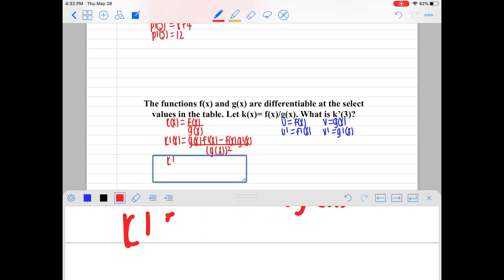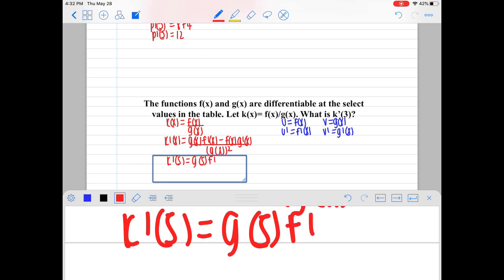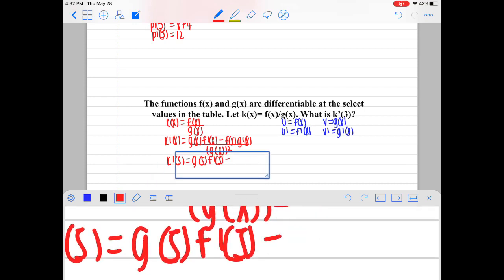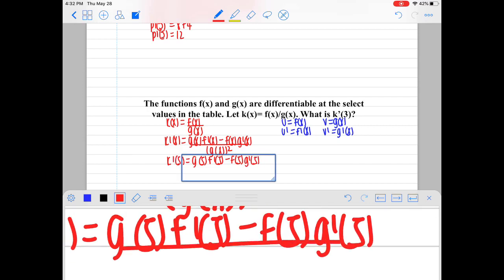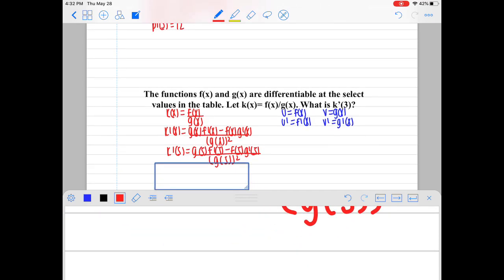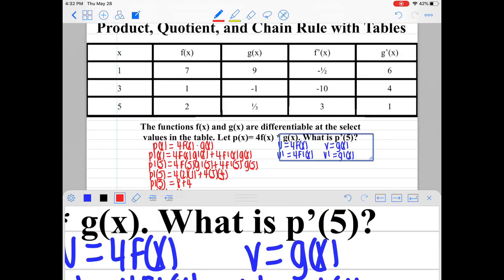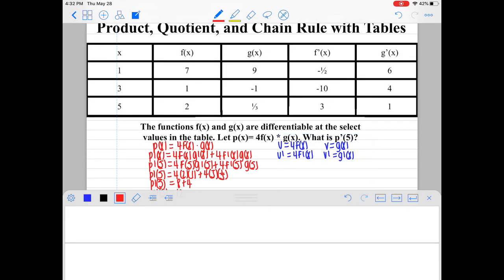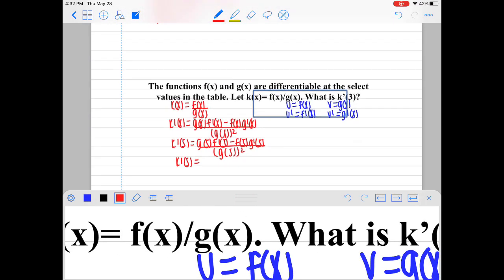And then it's asking for k prime of 3, so we're just going to plug in 3 for each of those x values as shown, so g of 3 times f prime of 3 minus f of 3 times g prime of 3 over g of 3 squared. And then we are going to go back up and look at the table of values where it says x equals 3 and plug in for all the values in the derivative as shown.